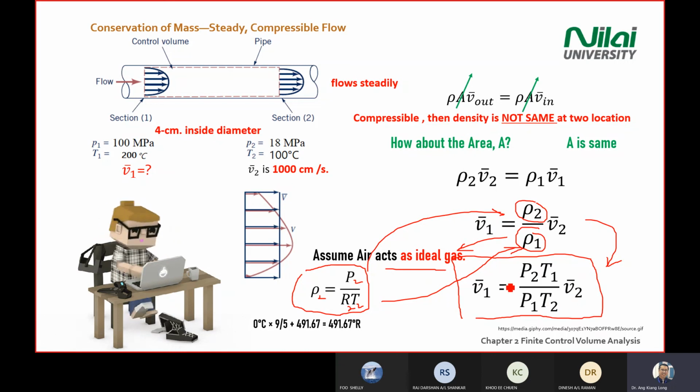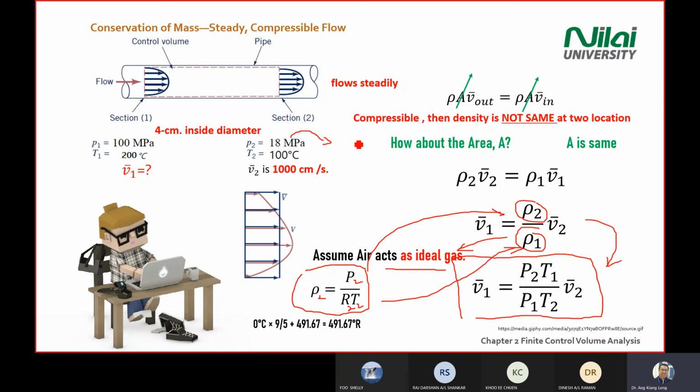The rest is the substitution of the numbers that you see on the screen, especially on the top left corner of the screen. You just substitute what you have here. Just need to remember, just need to be careful on the mega here, okay?